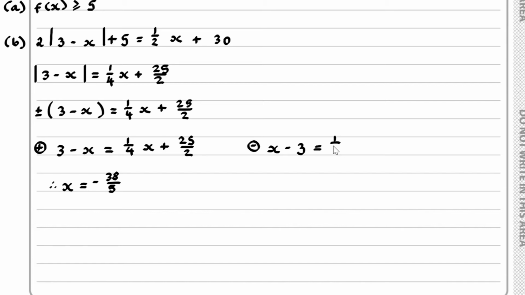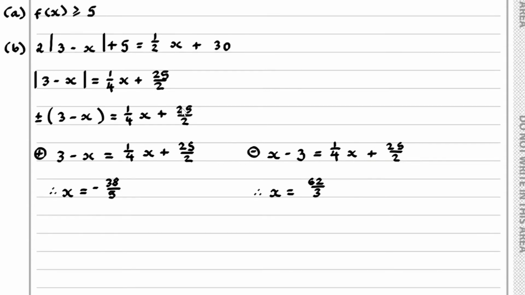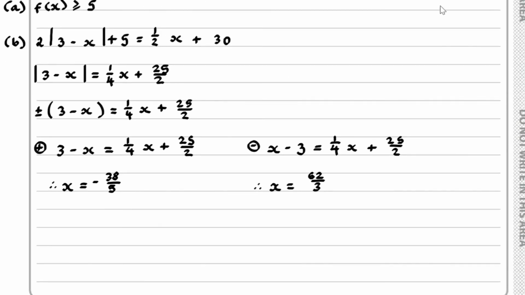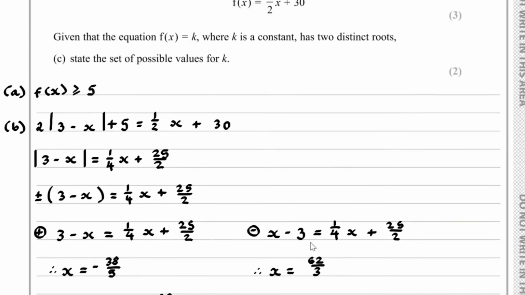And this is equal to 1/4 x plus 25 over 2. And so what you'd find here then is x is equal to 62 over 3. And we also know x is greater or equal to 0, so as x is greater or equal to 0, x equals 62 over 3 is the only solution.